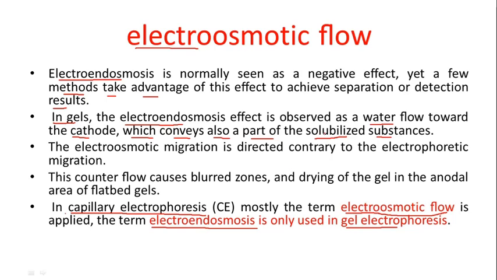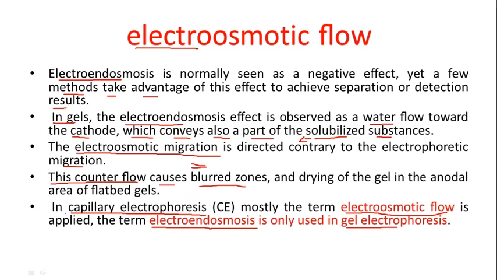Sometimes the sample gets soluble, and the soluble substance also migrates towards the cathode. This process is collectively called electroosmotic migration, directed contrary to the electrophoretic migration. This counterflow causes blurred zones and tailing zones, and we can never find the exact molecular weight.